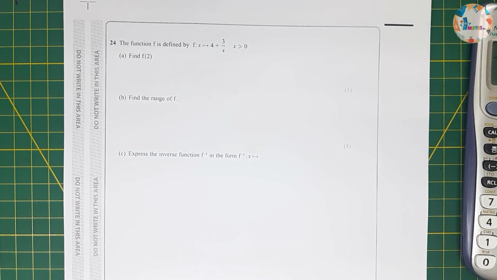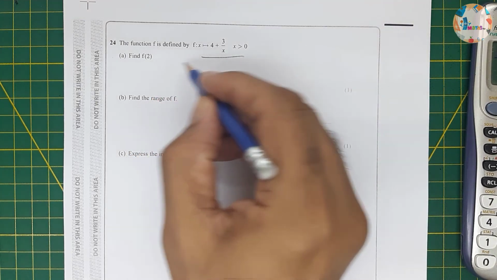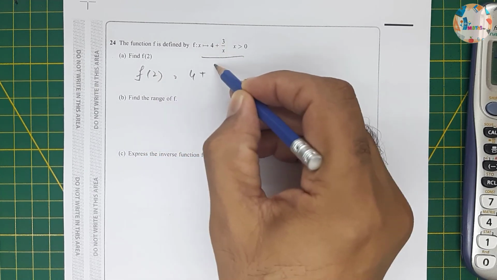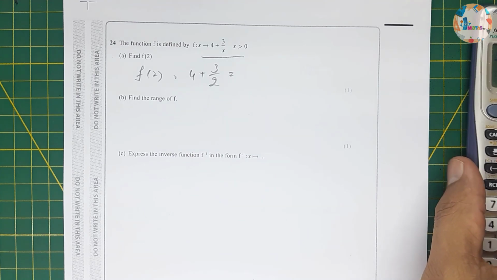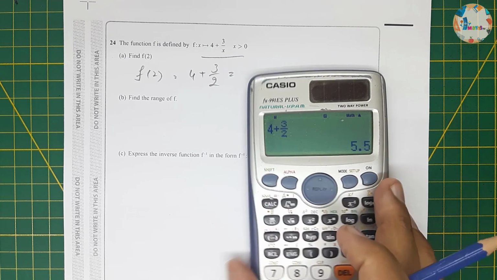Question number 24. The function f is defined by this one, and find f of 2, so we'll replace x by 2. This will be 4 plus 3 over 2, which will be equal to 5.5.